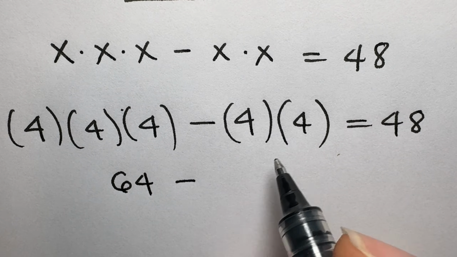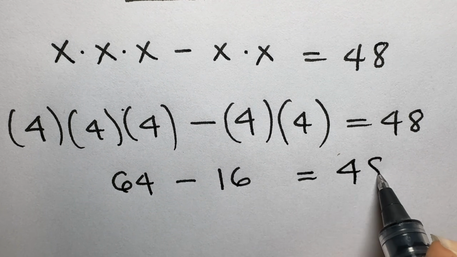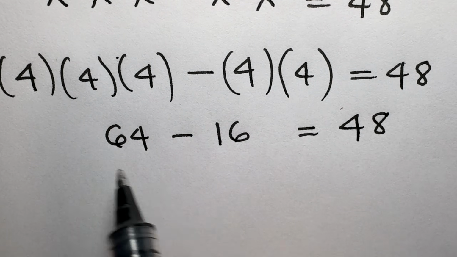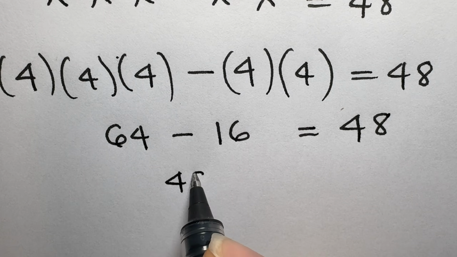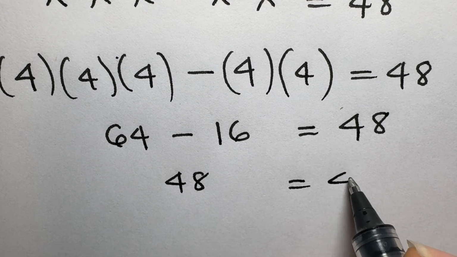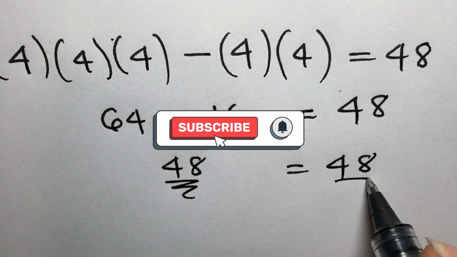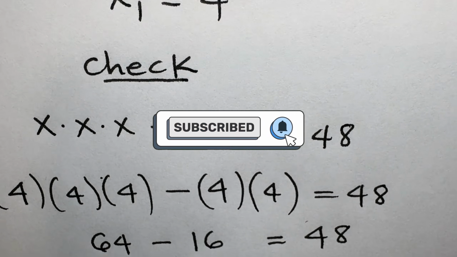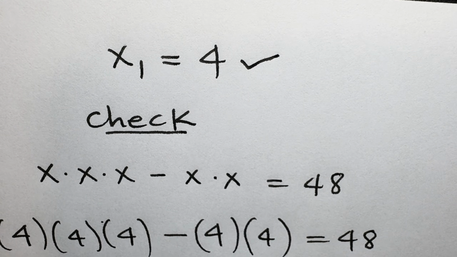Then minus 4 times 4 here is 16 is equal to 48. And of course, 64 minus 16 is 48. So 48 is equal to 48. The left-hand side balances the right-hand side. Therefore, this solution is correct and acceptable.